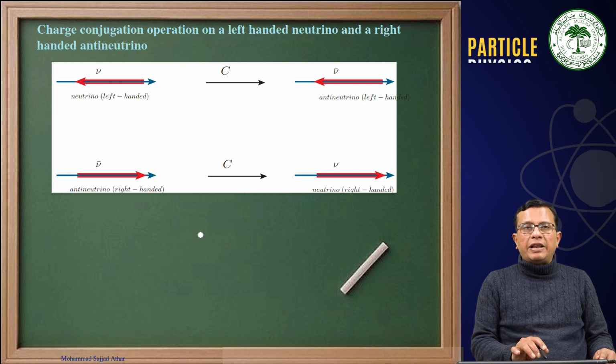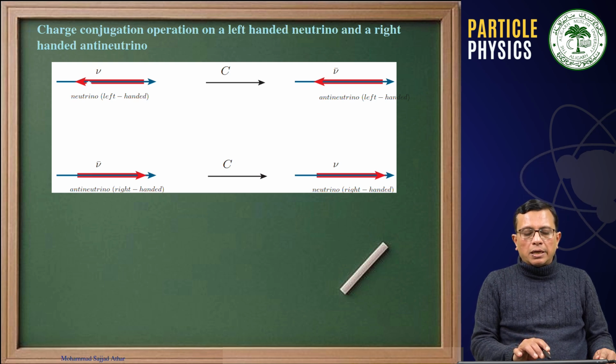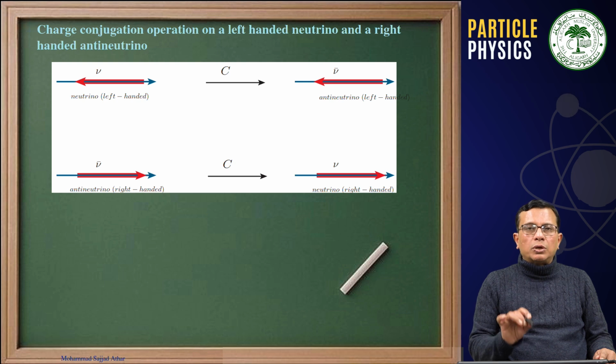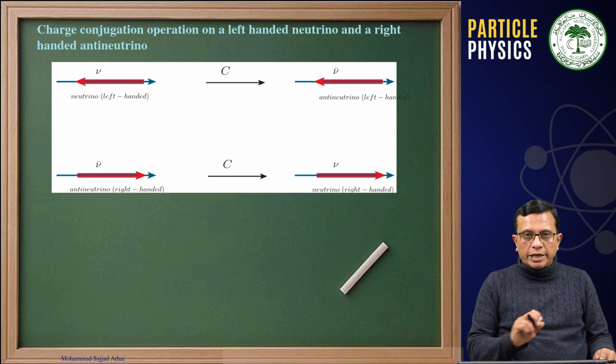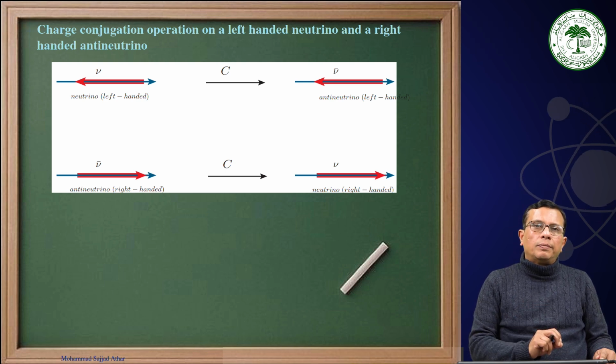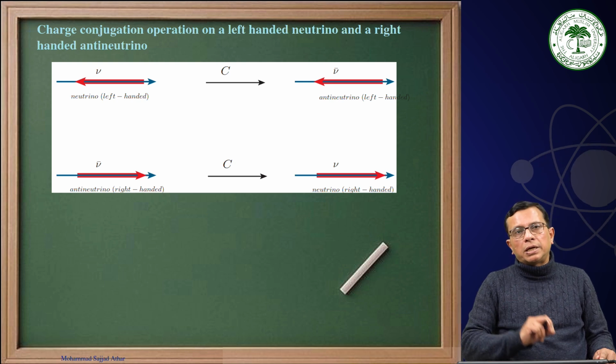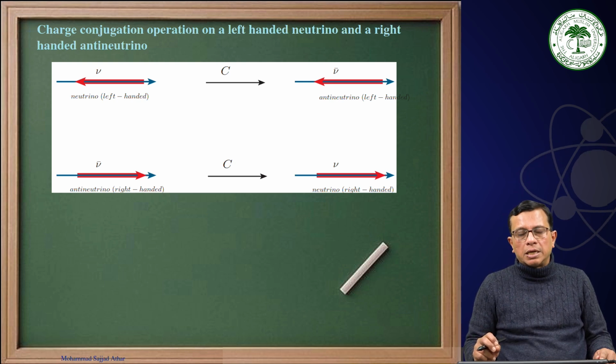Now, if we have a left-handed neutrino and we operate with a charge conjugation operation, then what we realize is that charge conjugation does not disturb spin, it does not disturb linear momentum. What it does is bring the particle to an antiparticle state, and therefore this will become nu bar.